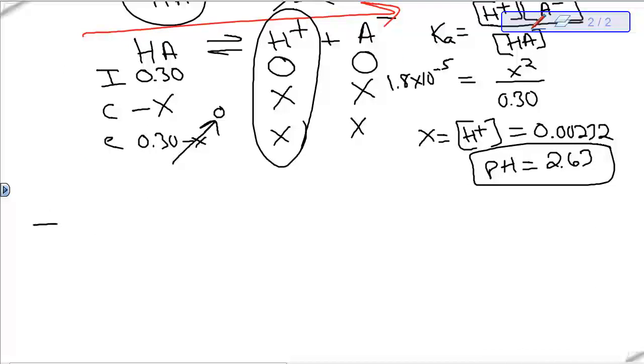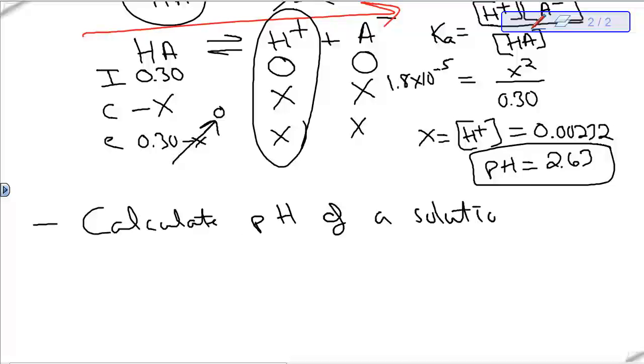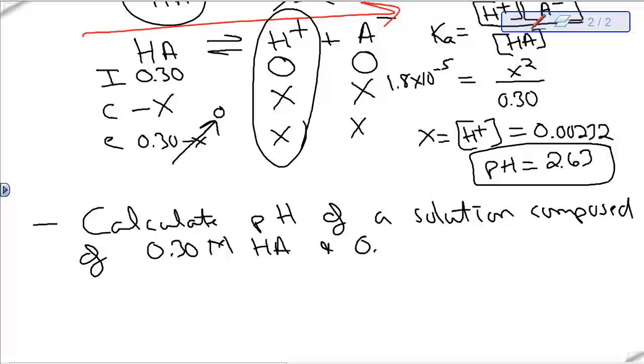We can demonstrate the common ion effect with one simple adjustment. When you review this in video form, compare the question I'm going to say here to the question that we just finished answering. Calculate the pH of a solution composed of 0.30 molar acetic acid, same acid, and 0.30 molar sodium acetate.